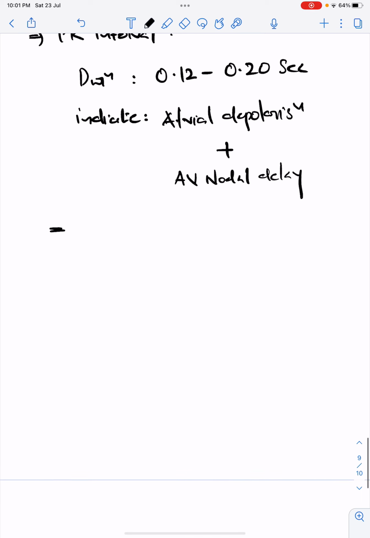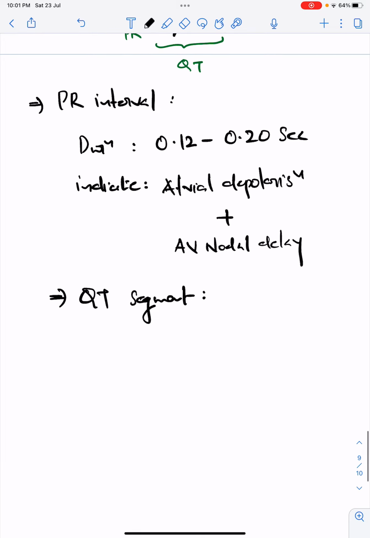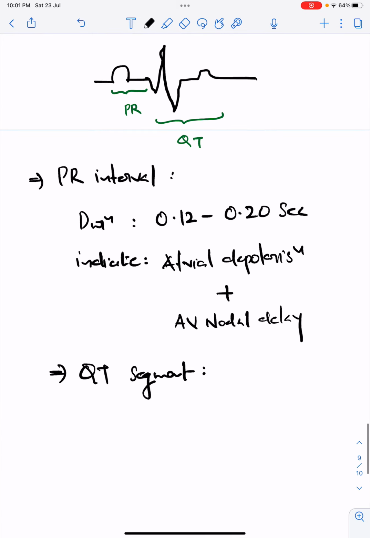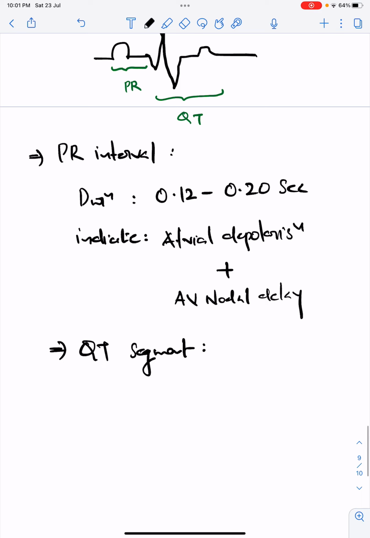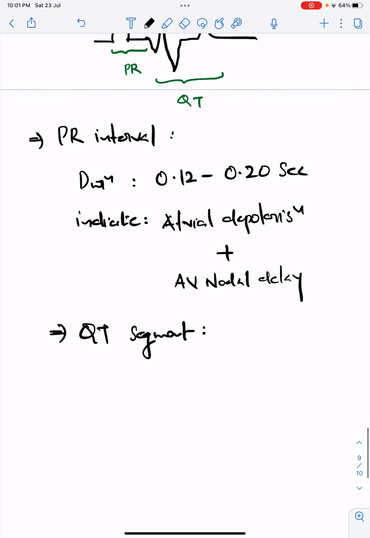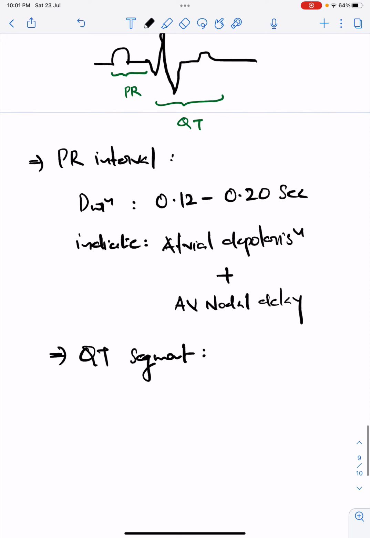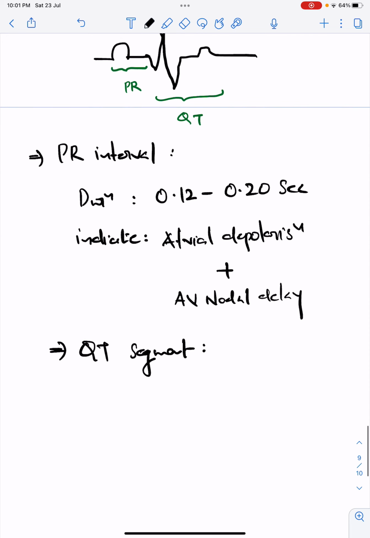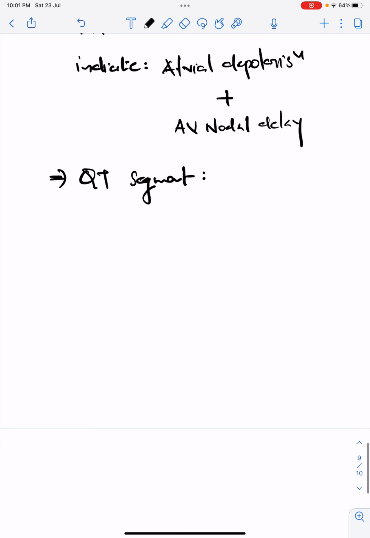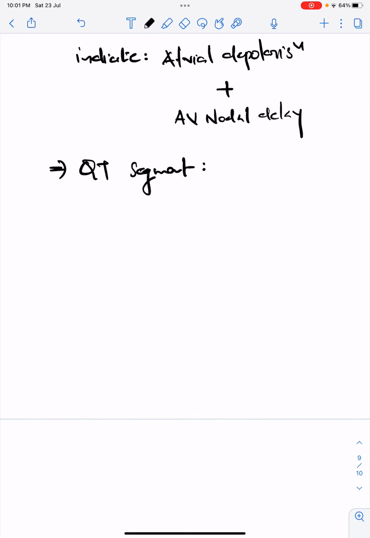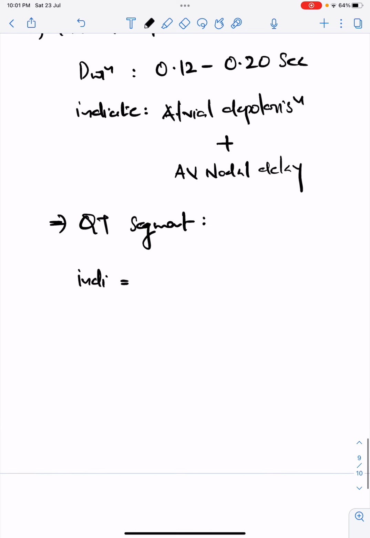Now about QT interval. QT interval is formed by QRS complex plus ST segment and the T wave. So from the beginning of QRS complex to termination of T wave, whereas the PR interval is from beginning of P wave to beginning of QRS complex.